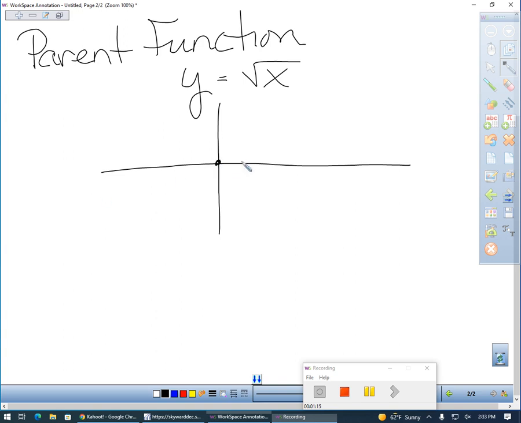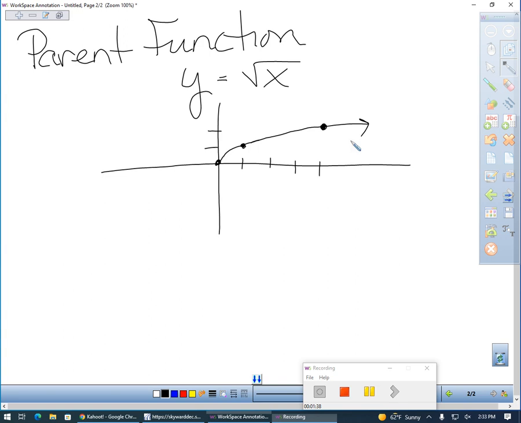And two main points we have is if I were to plug 1 in for x, the square root of 1 is 1 on the y. And if I were to plug in 4 in for x, it is 2 on the y. This is the parent function. It's this curve that starts at the origin. This is a basic radical square root function graph.